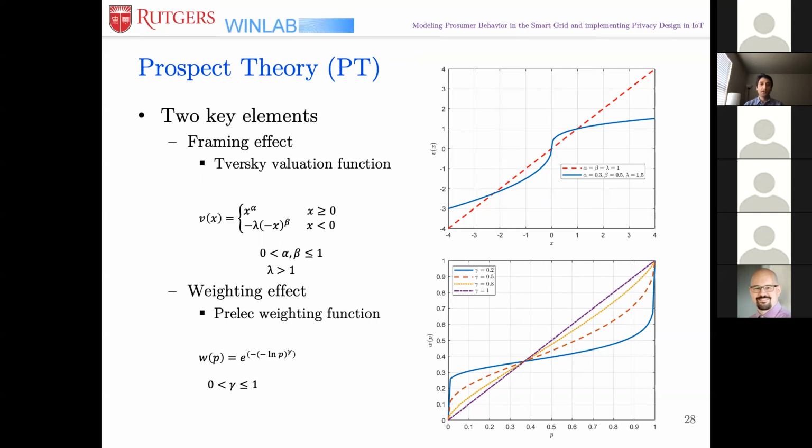So losses loom larger than gains, and thus PT provides one transformation that maps objective utility functions into so-called subjective value functions over the possible outcomes, which is concave in gains and convex in losses, and can be controlled by risk aversion, risk seeking, and loss aversion coefficients. This is called the framing effect, and the top figure demonstrates an example of one typical S-shaped PT value function.